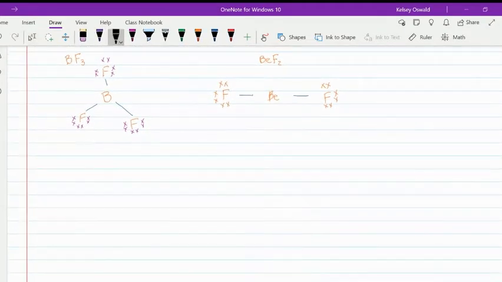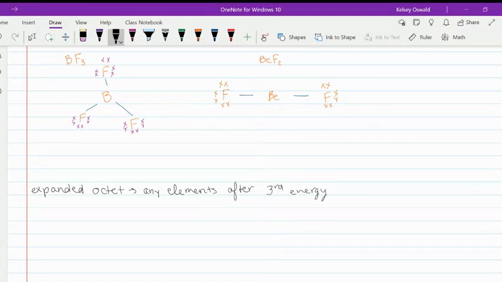Okay. Opposite of that exception is going to be the idea of an expanded octet. So here, instead of having less than 8 valence electrons, we're going to have more. Okay, so these are going to be any elements after the 3rd row. So after the 3rd energy level, or 3rd row on the periodic table, have more than 8 valence electrons.